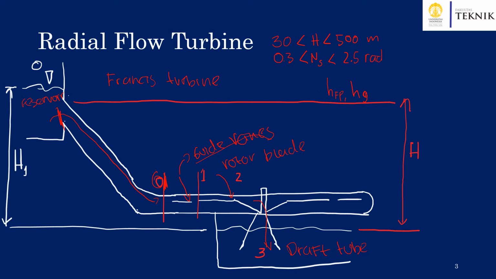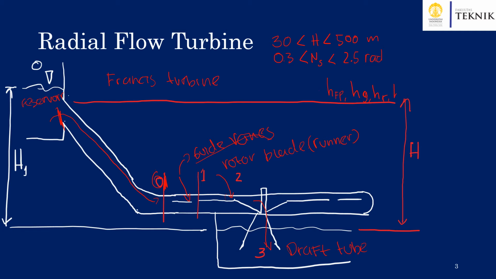And further losses occur when the fluids interact with the rotor blade, or we call it also the runner. And this further loss is called HR. So losses at the runner, or HR, occur when the energy is transferred from the fluid to the turbines. And the last losses occur as the fluid leaves the turbine and enters the draft tube.